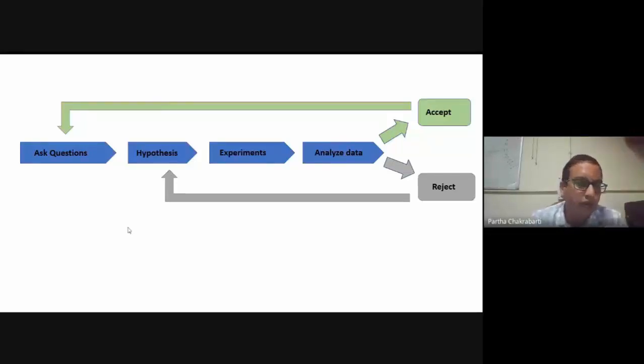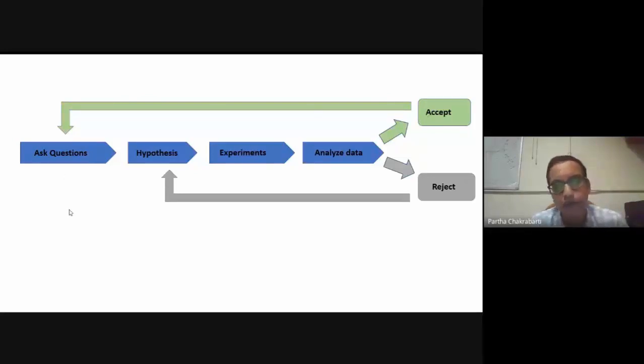For example, why is corona so prevalent now? Now we have to think about a hypothesis, right? And from the hypothesis, you have to design an experiment, and you'll get experimental data. And these data may conform with your hypothesis, then you accept it, and you ask the next question.